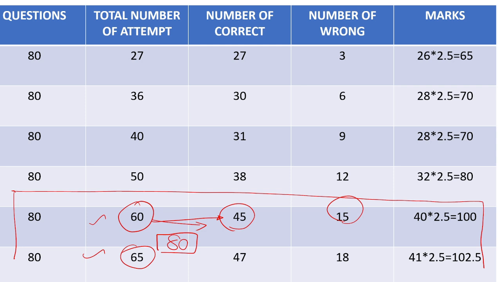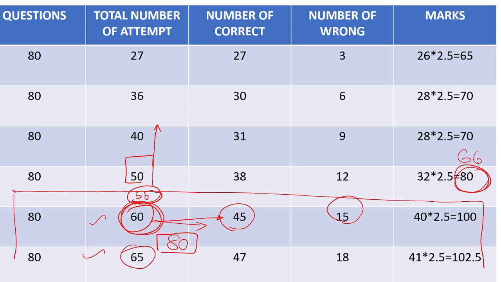So try 65 if it is possible, or 60 at least, or 55. 55 to 60 should be your range. If it is lying here, it is not a bad thing.